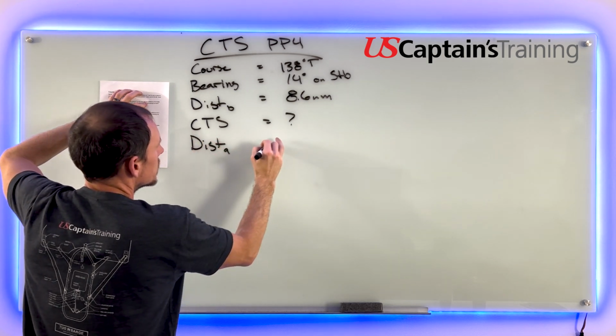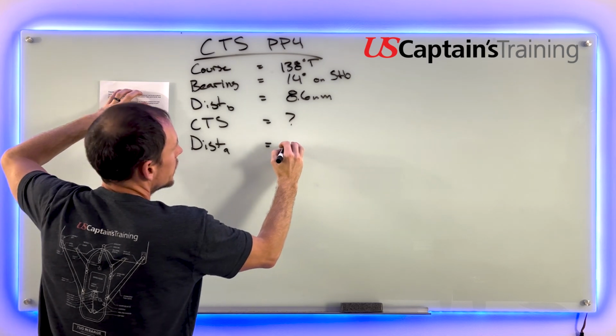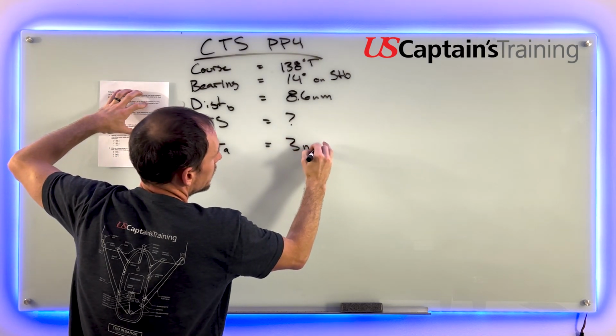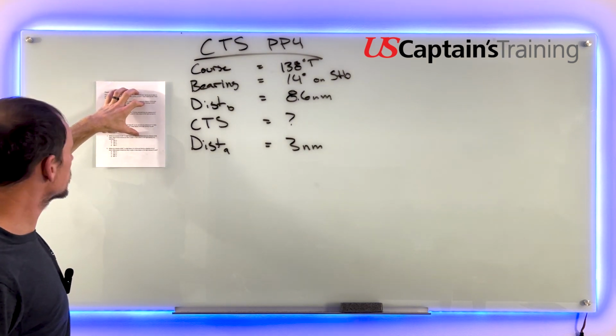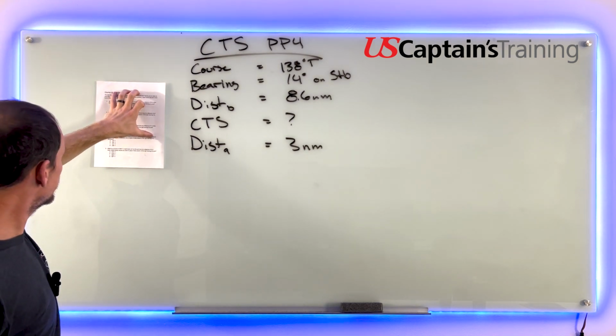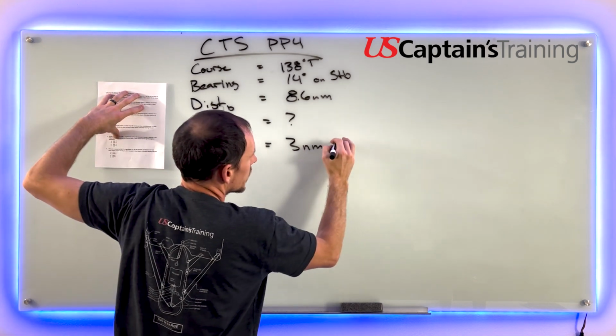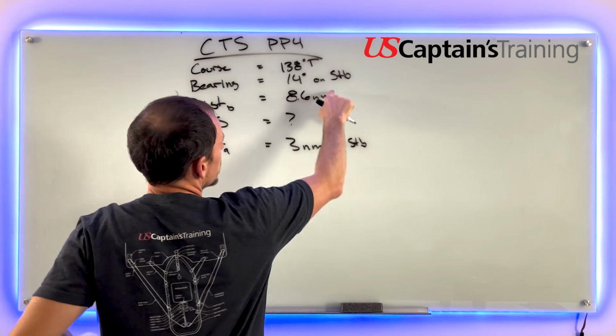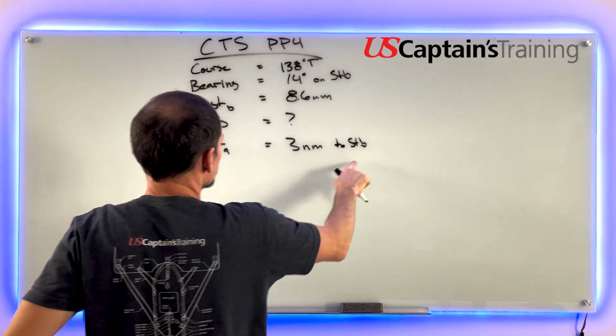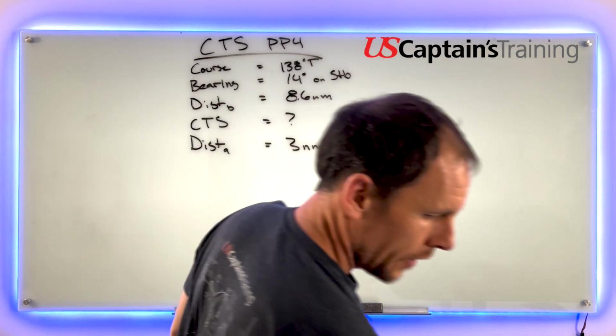Distance abeam is equal to 3 miles. I write nautical miles as just a habit I have. And at which side do we want to leave that light on? Leaving it to starboard. We want to leave it to starboard. This to starboard and it's on starboard and to starboard, they're important.